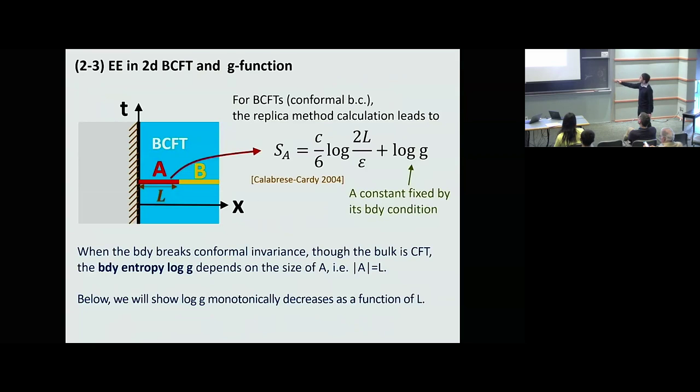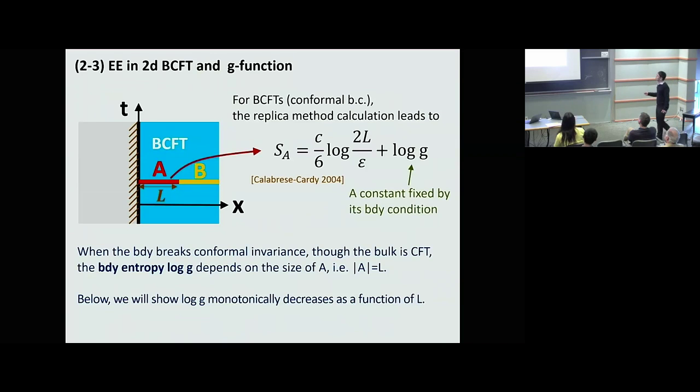So we can always have this kind of form, even though log g is no longer invariant. I mean, log g in general depends on the size L in some non-conformal case. But in conformal invariant cases, this log g doesn't depend on L. So this L appears only here, but in general, log g depends on L.